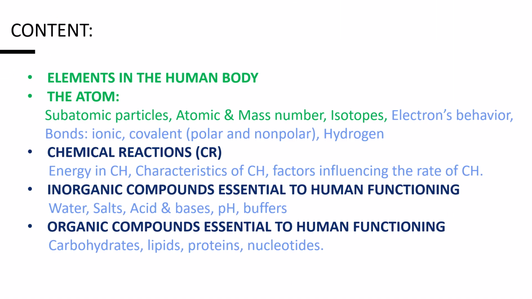Let's review the electrons in more detail, and specifically electron behavior, how they affect the ability of an atom to attach or to connect or to enter into chemical reactions with other elements or atoms because of the electrons.